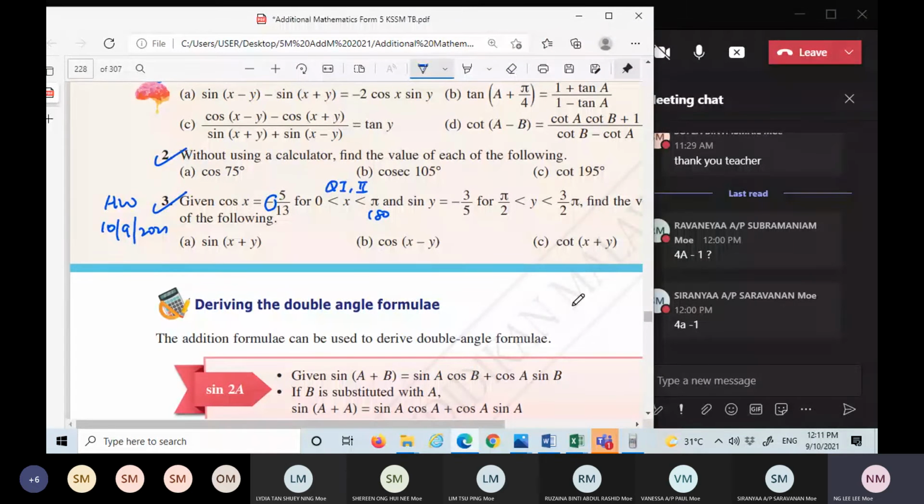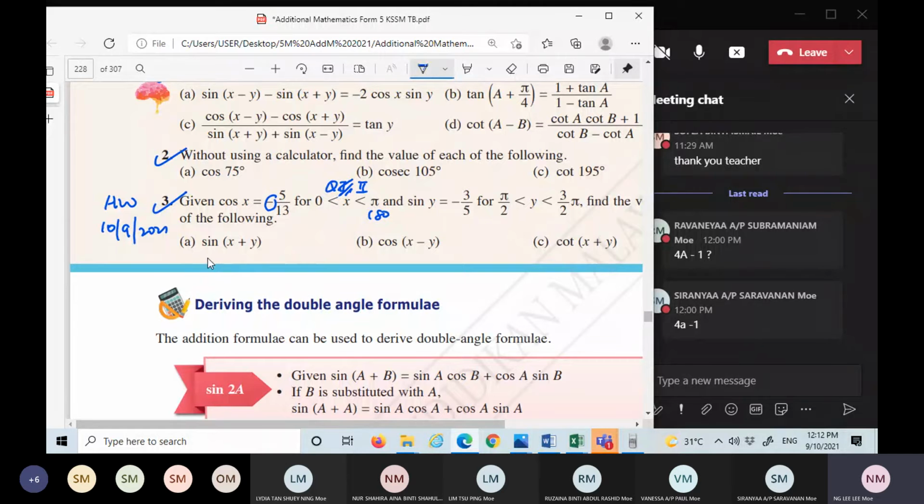Okay, so in the second quadrant, what is positive? Shahira, continue. Sine is positive.